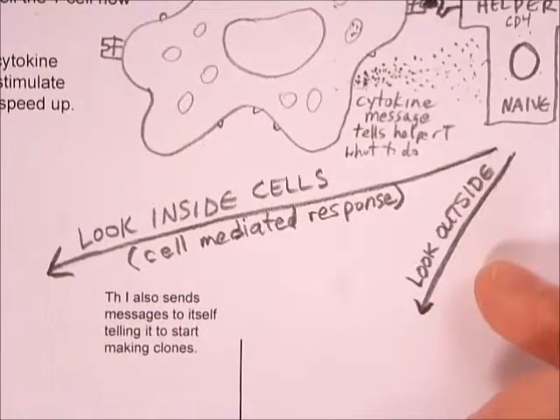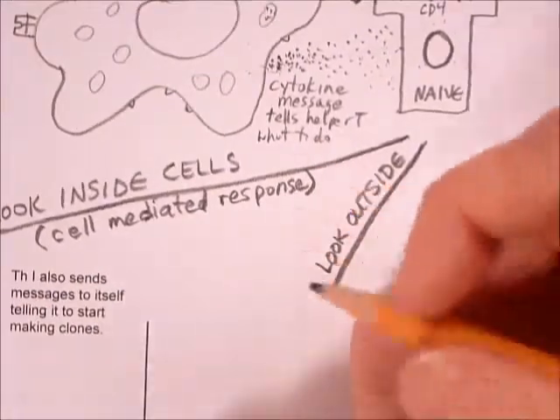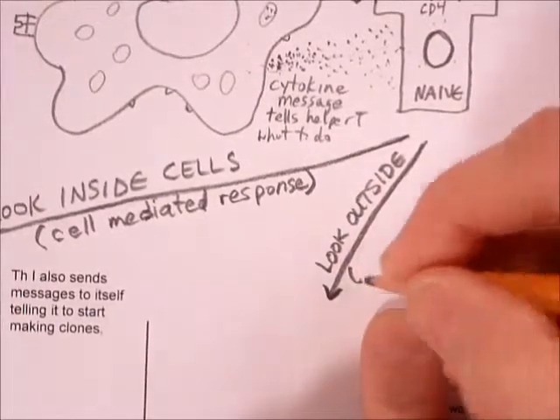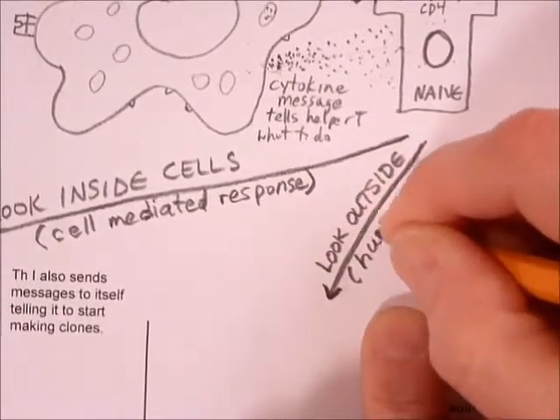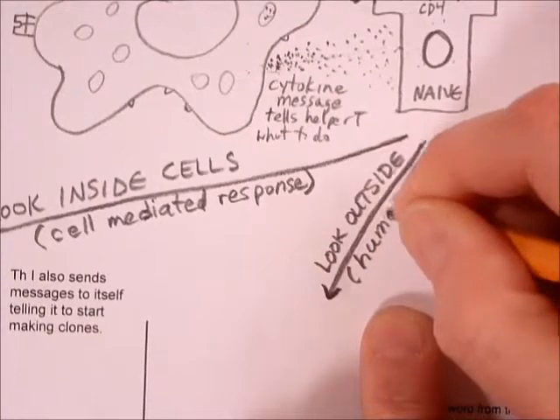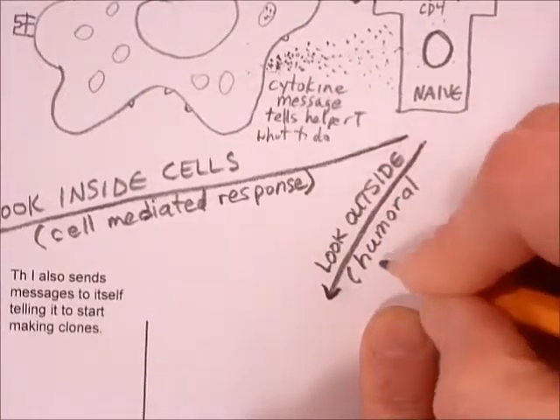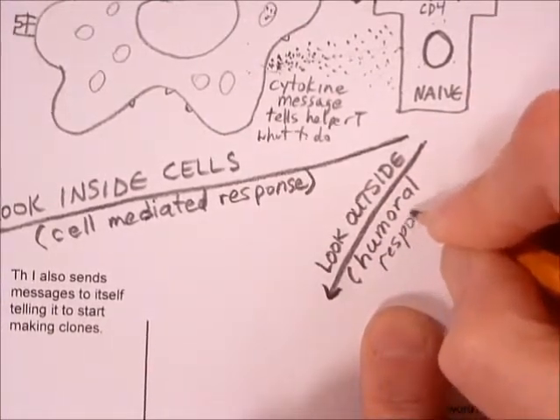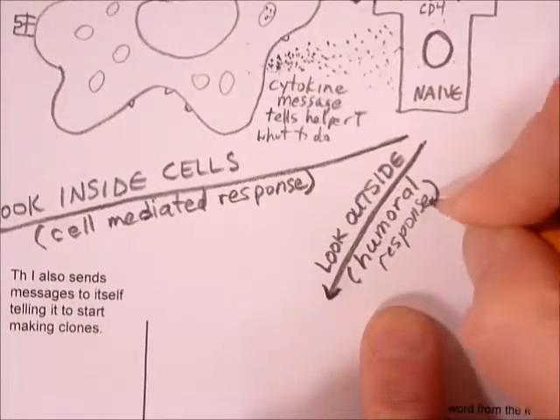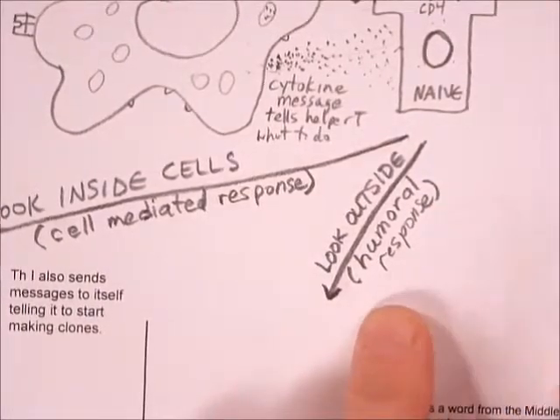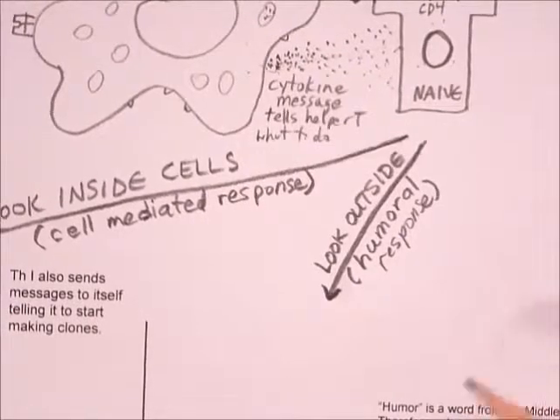Looking outside, this is going to be called the humoral, H-U-M-O-R-A-L, humoral response. Now this is a strange word, the humoral response. What is a humoral? Well, you see a little note here.